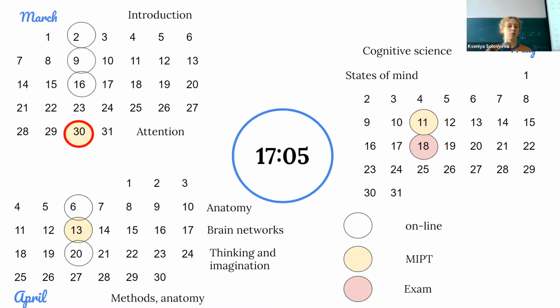But I think that if we are going to do some practice with these devices with EEG, and we are going to find out if we have got quite good attention or not good attention, we should talk about attention. It's quite logical.